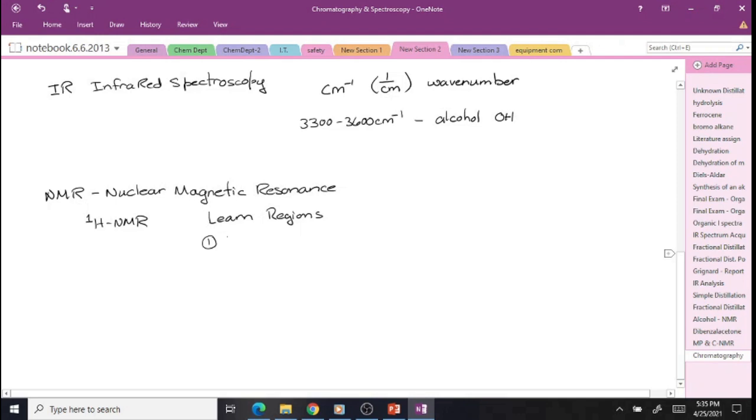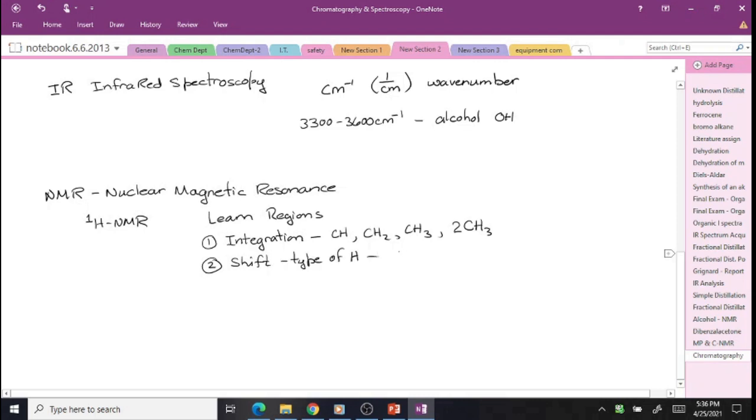My recommended procedure is to start with integration. Integration will tell you whether you have a CH or a CH2 or a CH3, or if you have an integration of 6 hydrogens, that you probably have 2 methyl groups. My recommendation is the next step is to look at the chemical shift to determine the type of hydrogen.